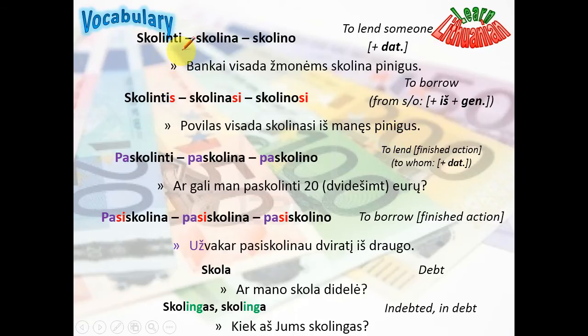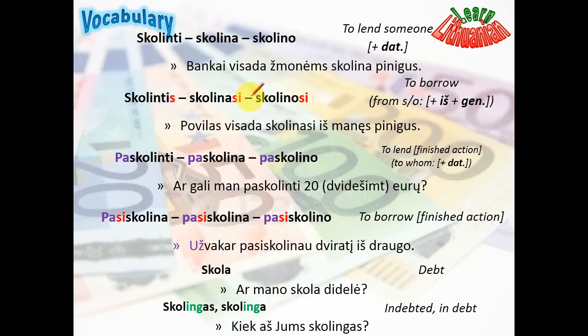So you see the difference between these two verbs. Skolinti means to lend someone, but if you add the reflexive particle si, it turns into a reflexive verb, and you get this word, to lend yourself, literally.